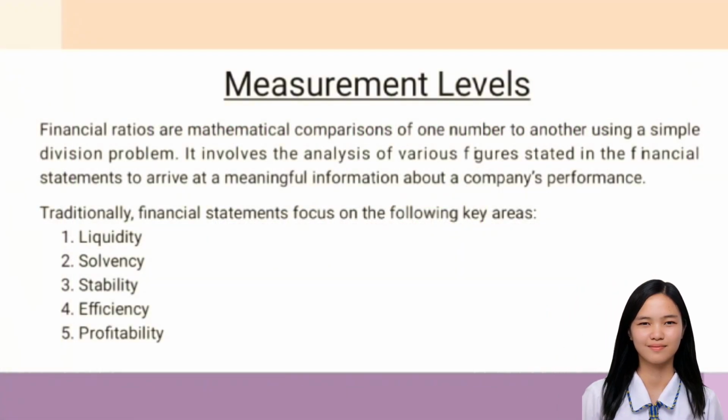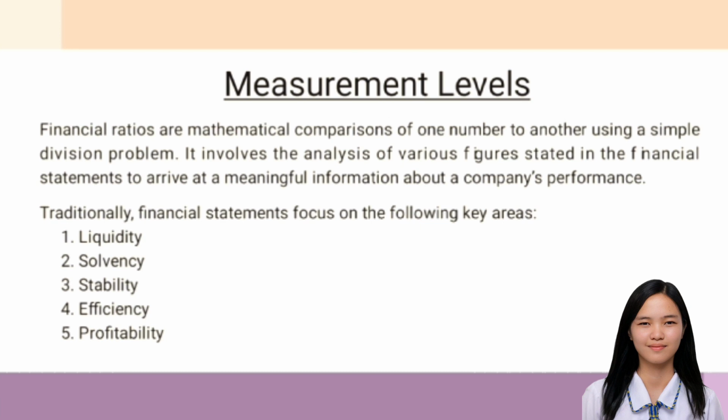Before we discuss the measurement levels, I will first discuss the financial ratios. So what is financial ratio? Financial ratio is one of the most common tools for managerial decision making. Financial ratios are mathematical comparisons of one number to another using a simple division problem.